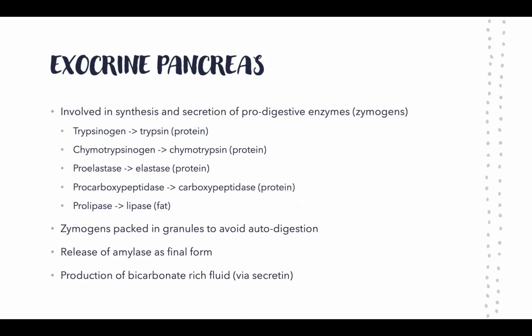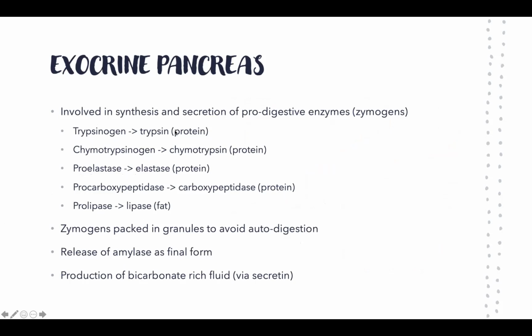So let's talk about the exocrine function, the digestive side of the pancreas. It's responsible for secreting pro-digestive enzymes, and so it's first secreted as zymogens. Here it's packaged and produced as inactive enzymes, which will later be activated to their active form.